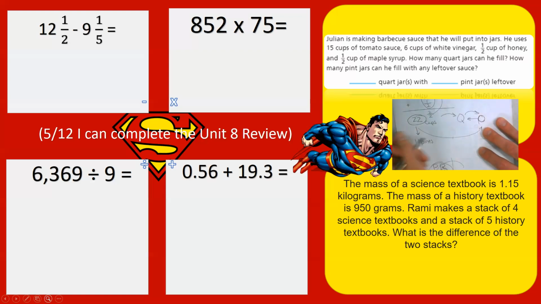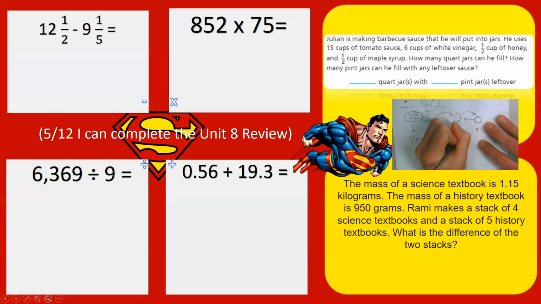We know that on the left, we put what we know. We know that 2 cups equals 1 pint, and we know that we have 22 cups. 2 times 11 is 22. 1 times 11 is 11.